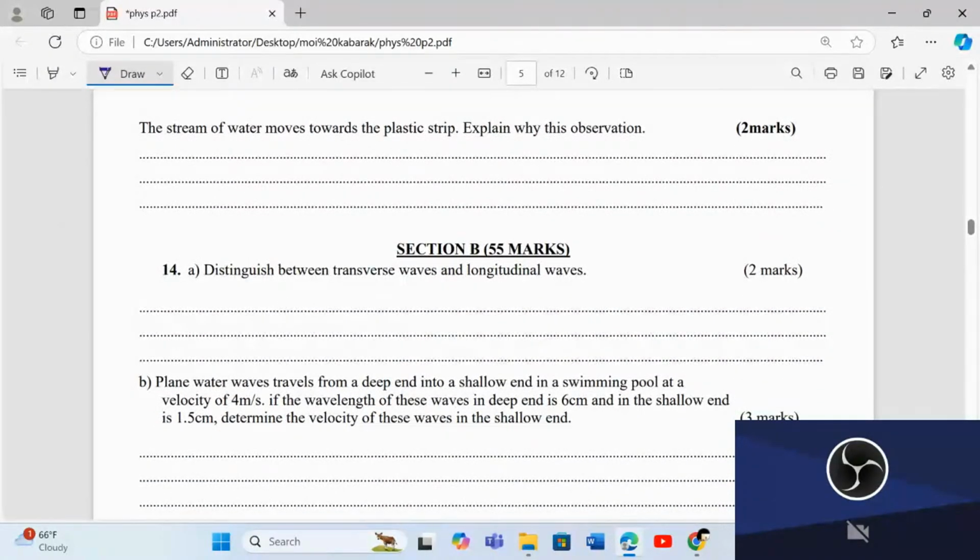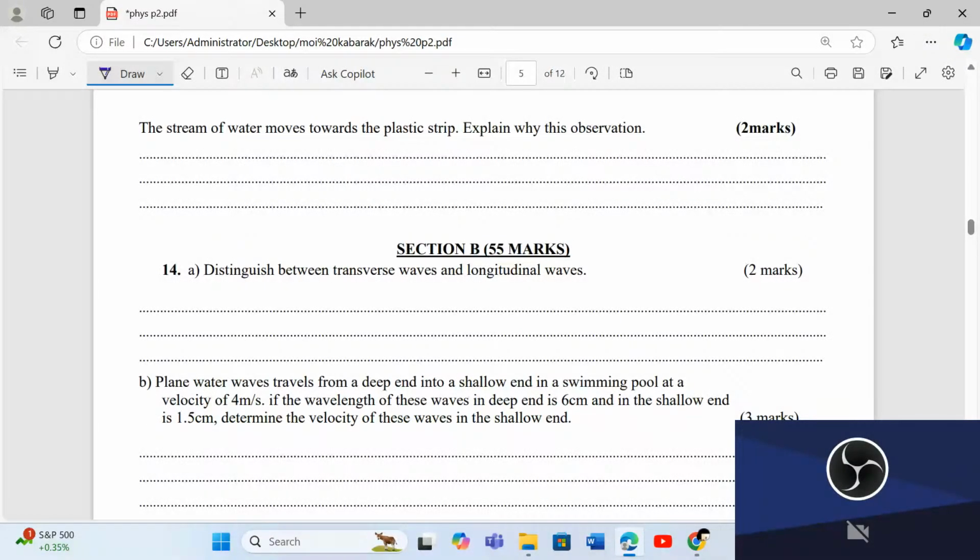Explain why this observation. In this case, since the strip has been brought close, we can say it has induced opposite charges onto this stream of water.